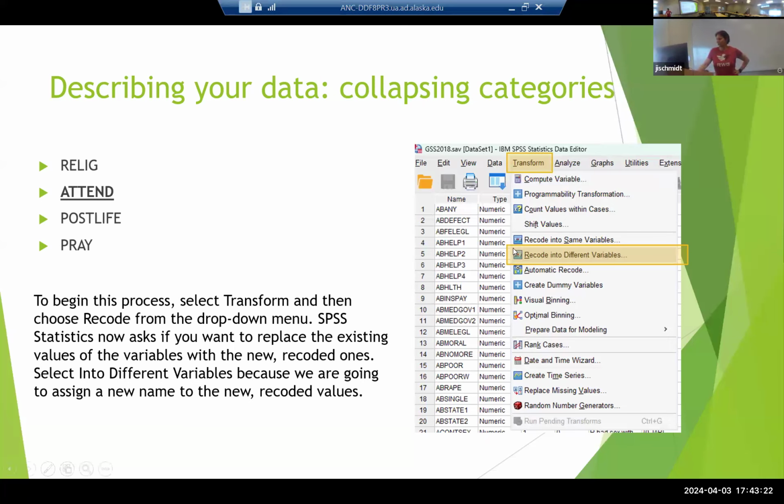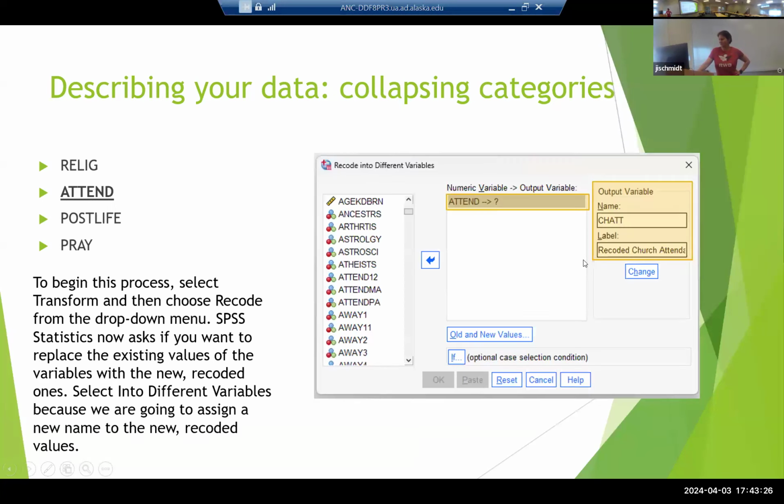So transform, and then recode into different variables. In this example, we're going to take this one called attend, which is attending church, and we're going to call it a new variable called CHATT, recoded church attendance.